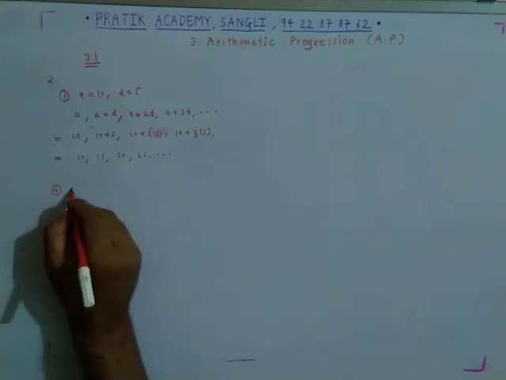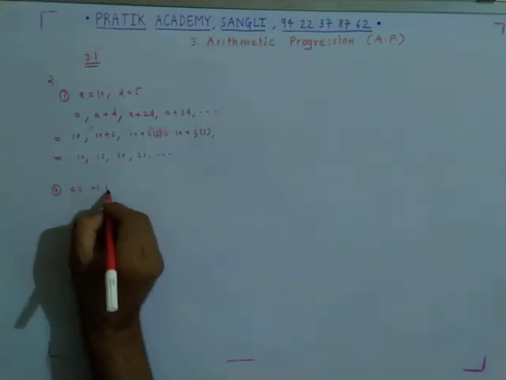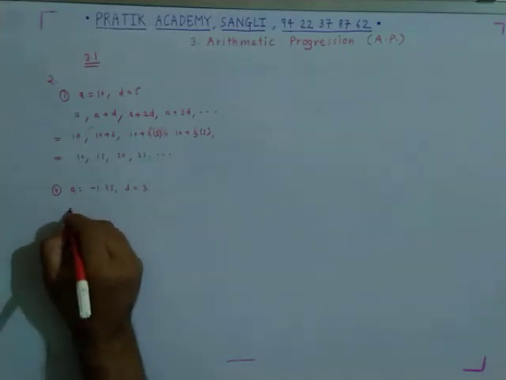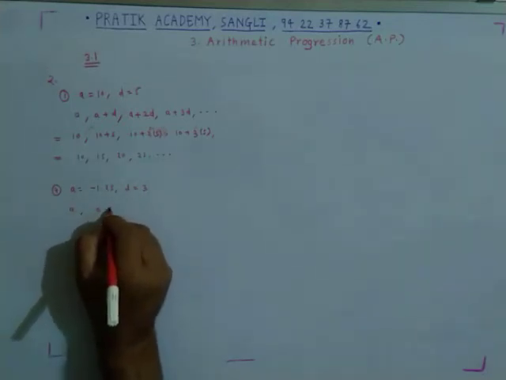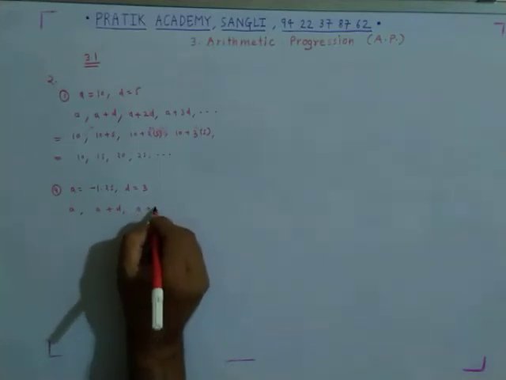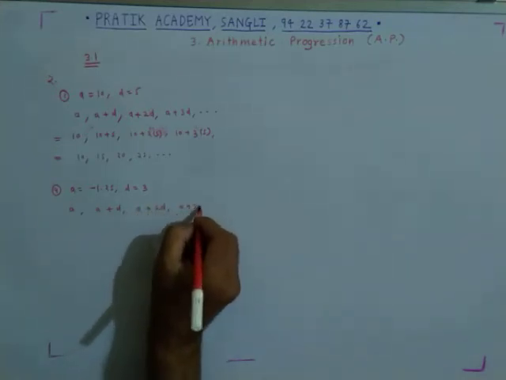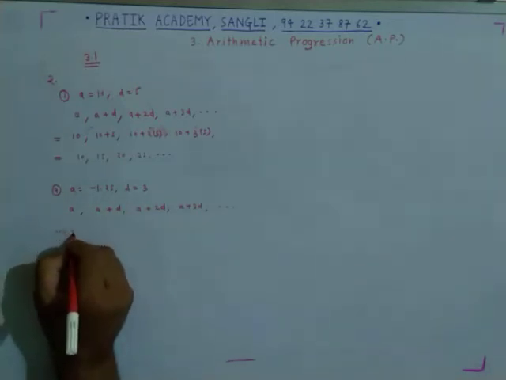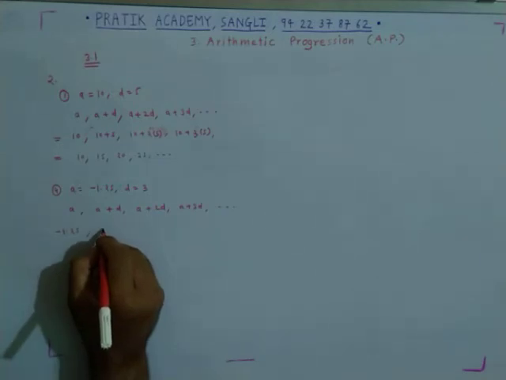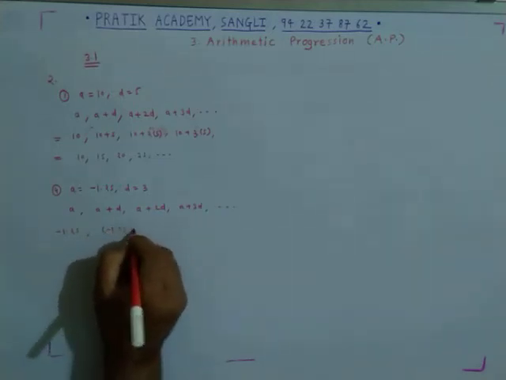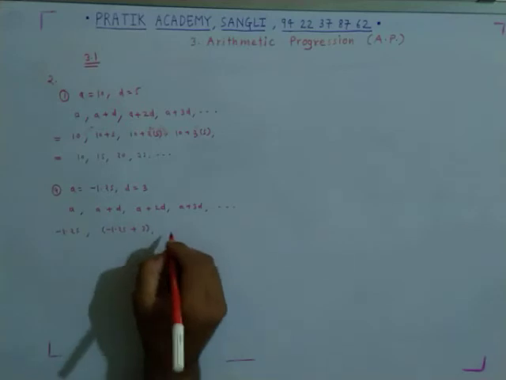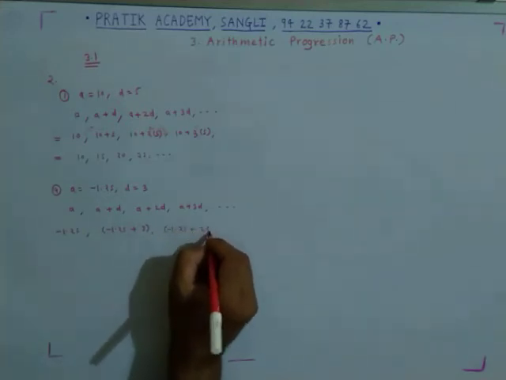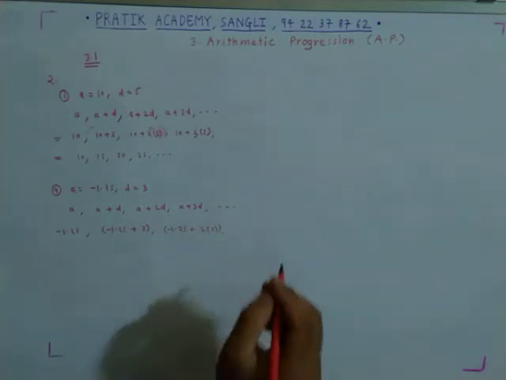Here A is given minus 1.25, D is given 3. So our sequence is A, A plus D, A plus 2D, A plus 3D in the same manner. A is minus 1.25, second term is minus 1.25 plus the difference D. Next term is minus 1.25 plus 2 times the common difference, it is 3.